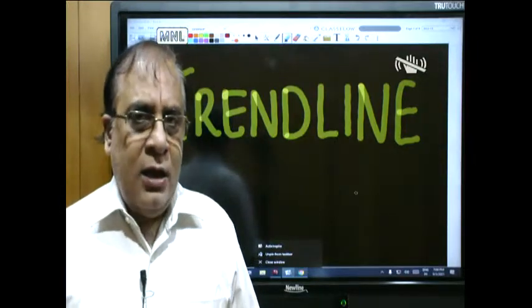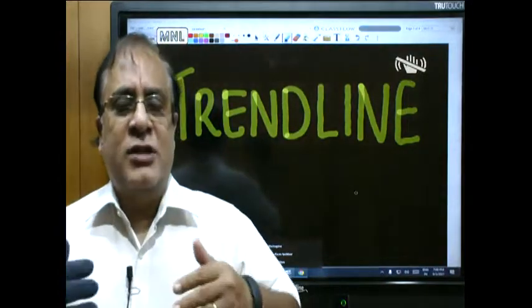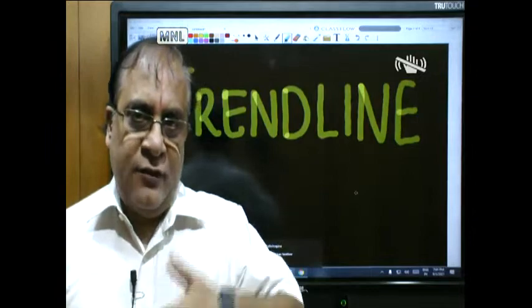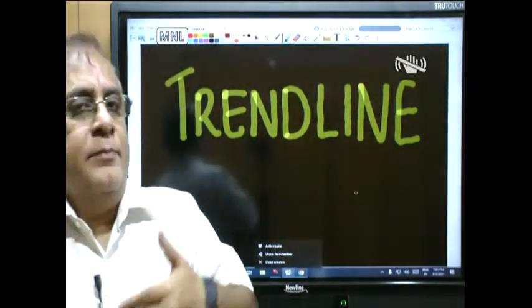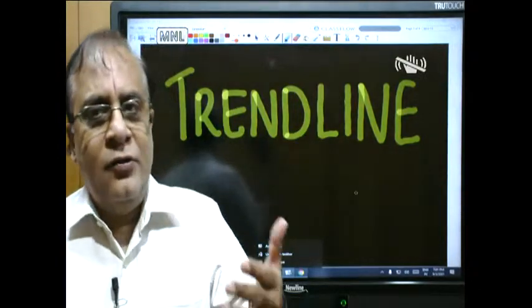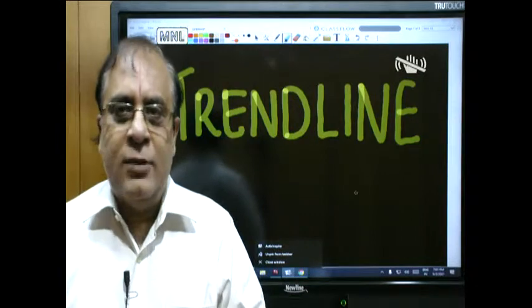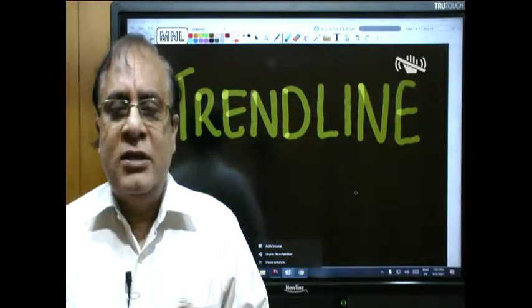Now, Trendline is also a very basic tool because the first three important tools that are generally used by traders is, one is of course the higher tops, higher bottoms, which define the bull market, lower tops, lower bottoms, which define the bear market. That is first concept. Second is moving average. If the market is above all the moving averages, then it is considered to be bullish, and if it is below all the moving averages, it is considered to be bearish.